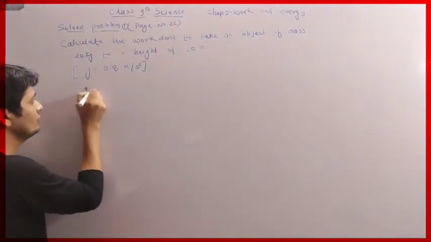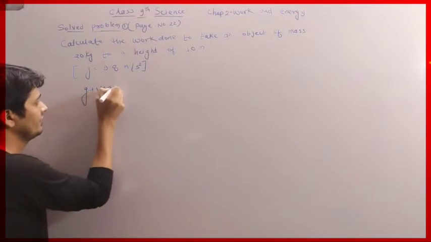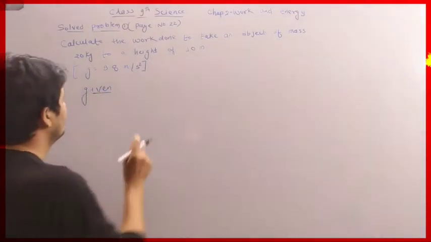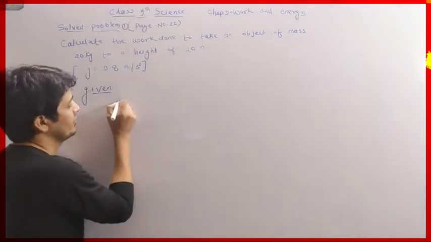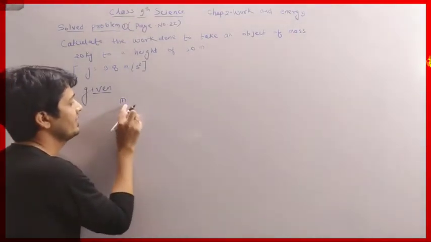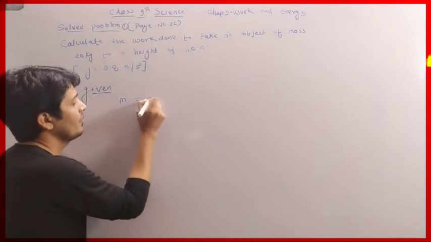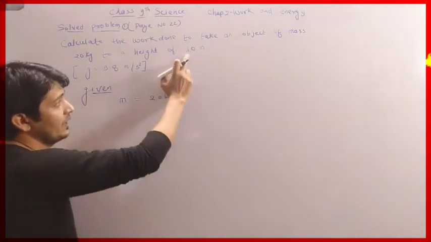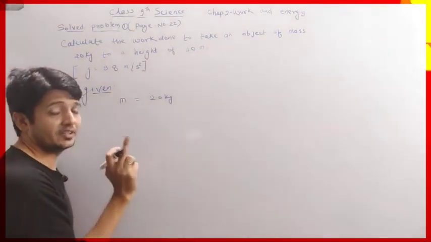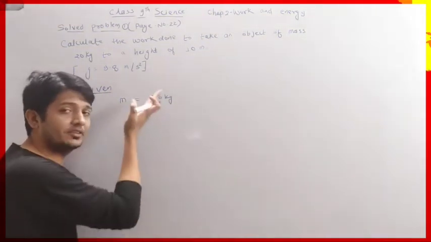Given, what is given? It is given that the mass of the object is 20 kg. So mass is represented by m, therefore m equals 20 kg. At a height of 10 meter, so height is nothing but the displacement from the earth surface.